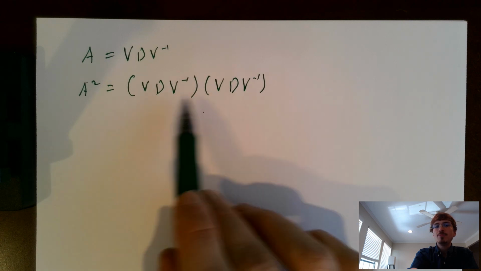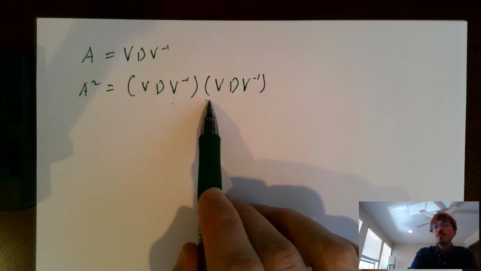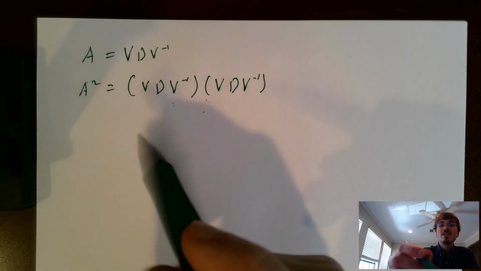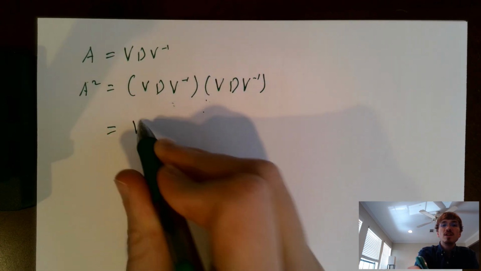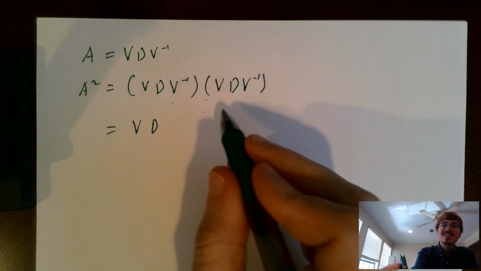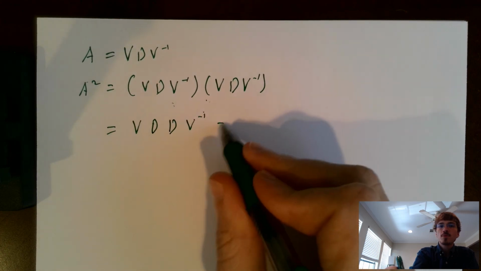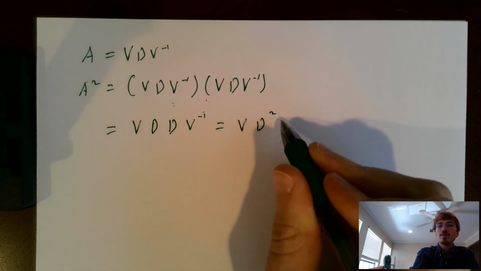What do you notice happens to these two middle V inverse times V? They multiply to give 1, the identity matrix, so we get V times D times D times V inverse, which is just V D squared V inverse.